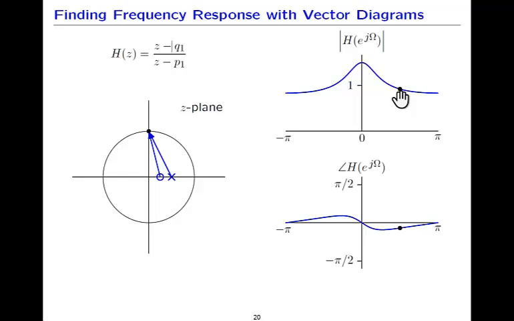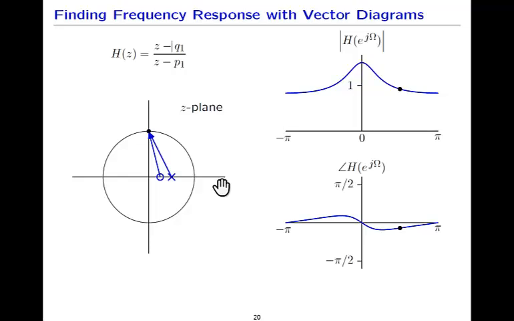You can see it's slightly below 1 because the ratio of those magnitudes is going to be less than 1. Now what about the phase? Well, the phase to the 0, I don't know, is something like 120 degrees. This angle here is still bigger, right? The angle formed by this vector, the vector to the x with the x-axis, is bigger than the angle formed from the 0 to here with the x-axis. So it's still negative. But the angles are very close.